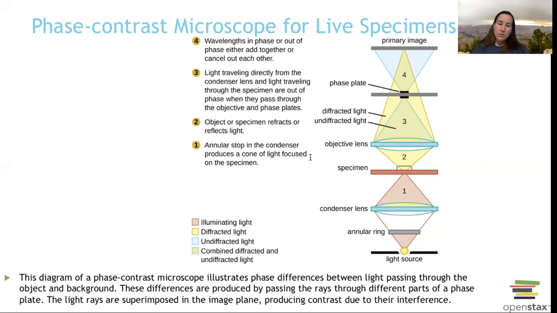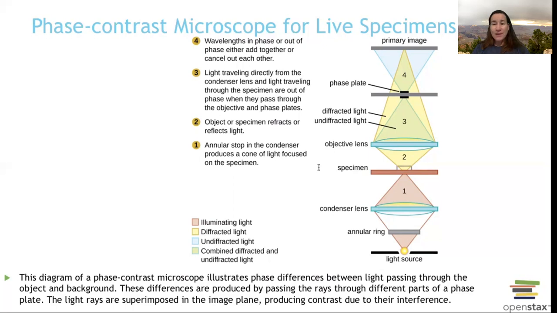So it's going to alter the wavelength of the light rays coming through. And when you alter the wavelength of the light waves coming through, you end up getting a better resolution. So it's an increased contrast without using stains, with this phase contrast microscopy. So it's pretty cool.